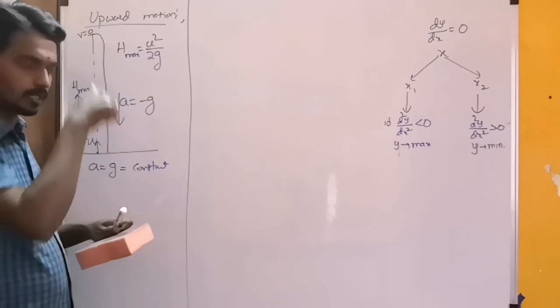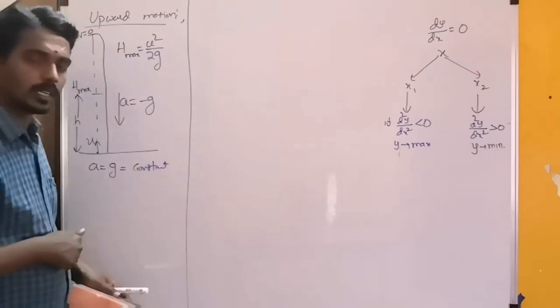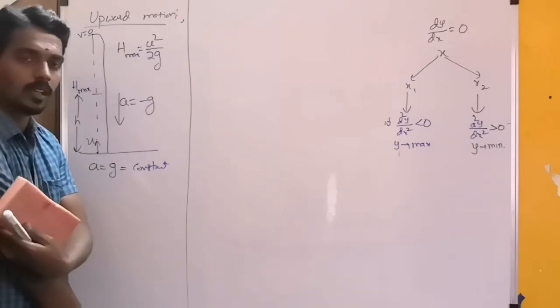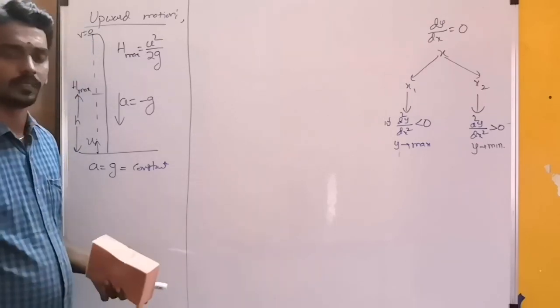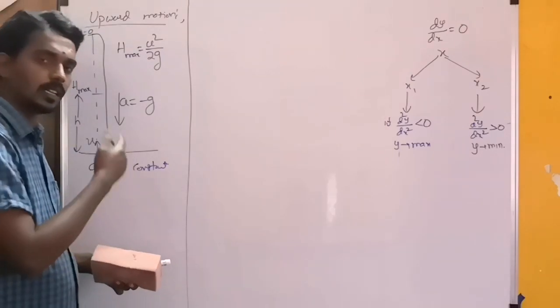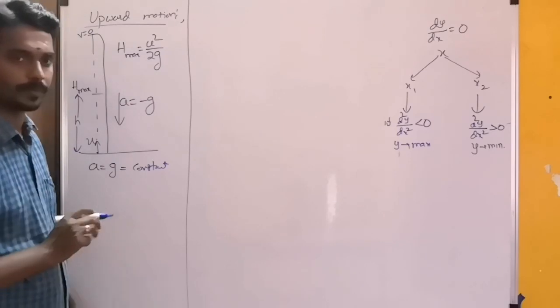So acceleration is down, direction of motion is up. That's why it is called negative acceleration, or retardation, or deceleration, which we take as negative.